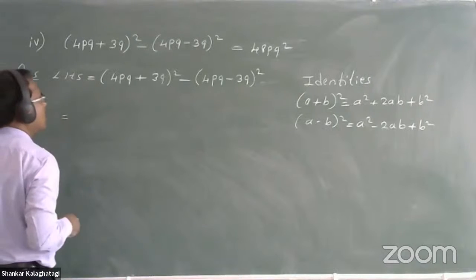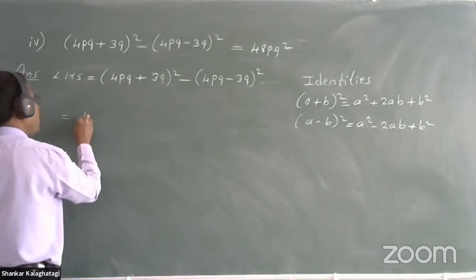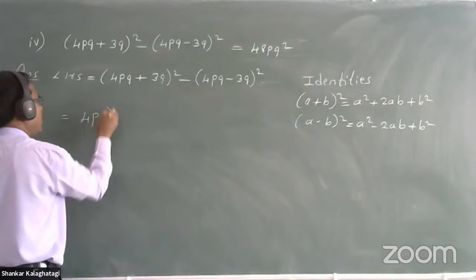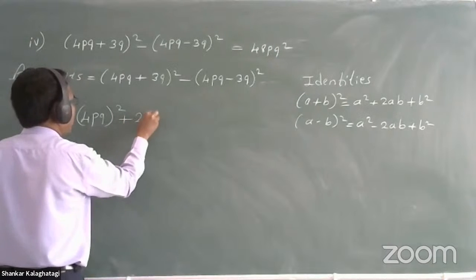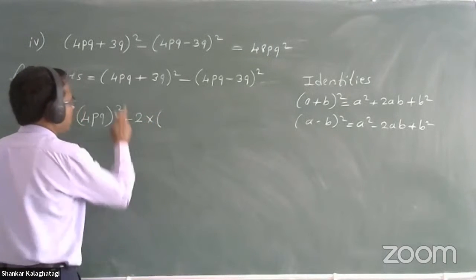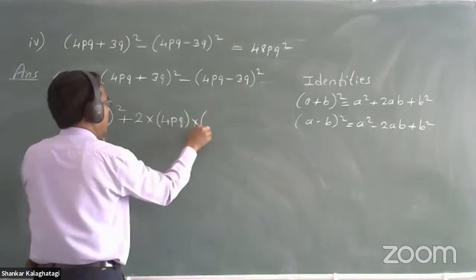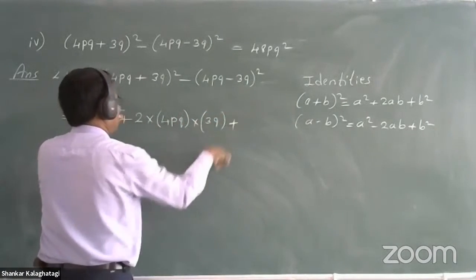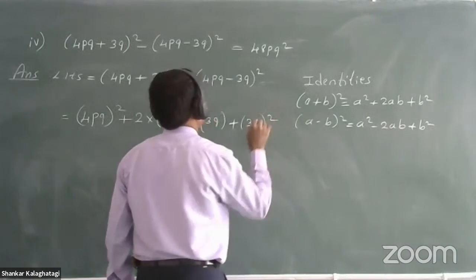Using (a plus b) whole square: (4pq) whole square plus 2 into 4pq into 3q plus (3q) whole square. So that is the first expression.